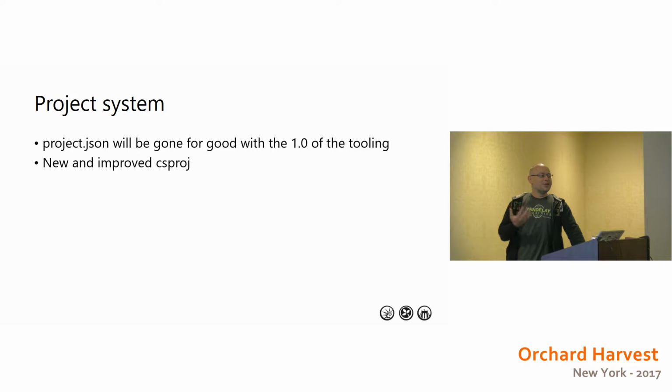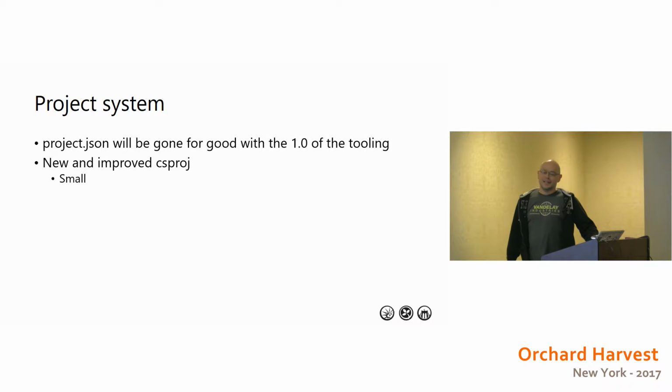So we have a new and improved CS proj, because it's not the CS proj that you were using with previous versions of MS Build. It's a much leaner sort of CS proj that kind of eliminates all the problems that CS proj had before, except for XML. But is that really a problem? Nope.